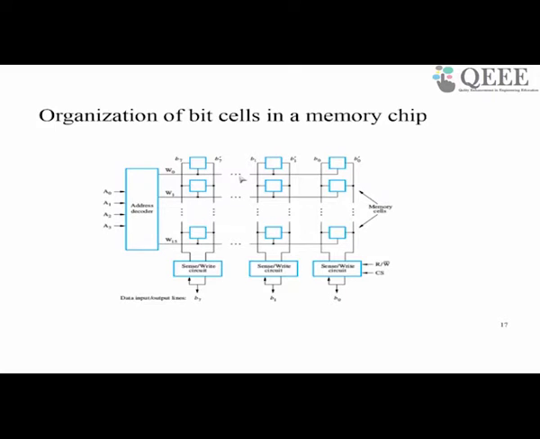So the way the SRAM can be organized is very similar to the earlier organization. That is, we have an array of SRAM cells forming a register, and we have a group of registers placed in the form of an array.